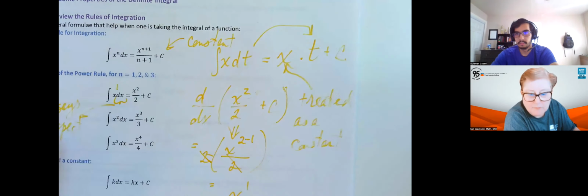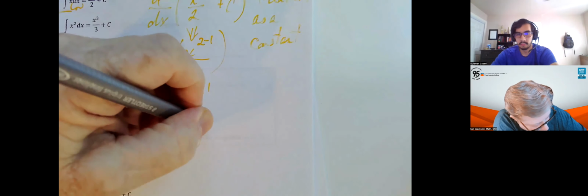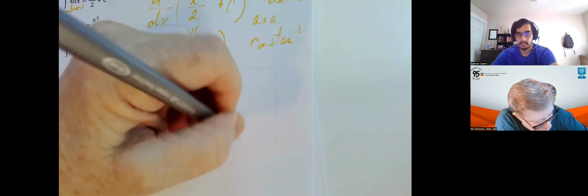And here, look, we can rewrite this integral of x dt as the integral of x times t to the 0 dt. What is t to the 0? 1. Good. So we can easily put that in if there's no t there.